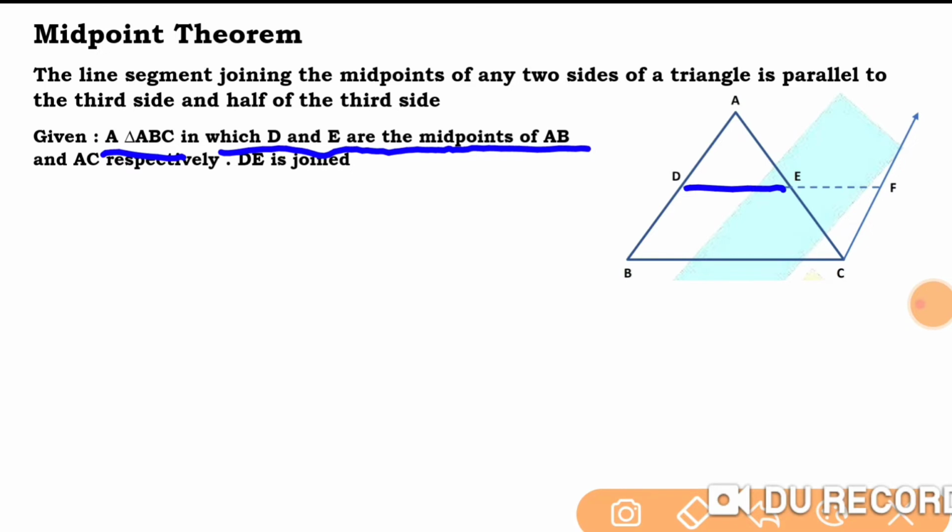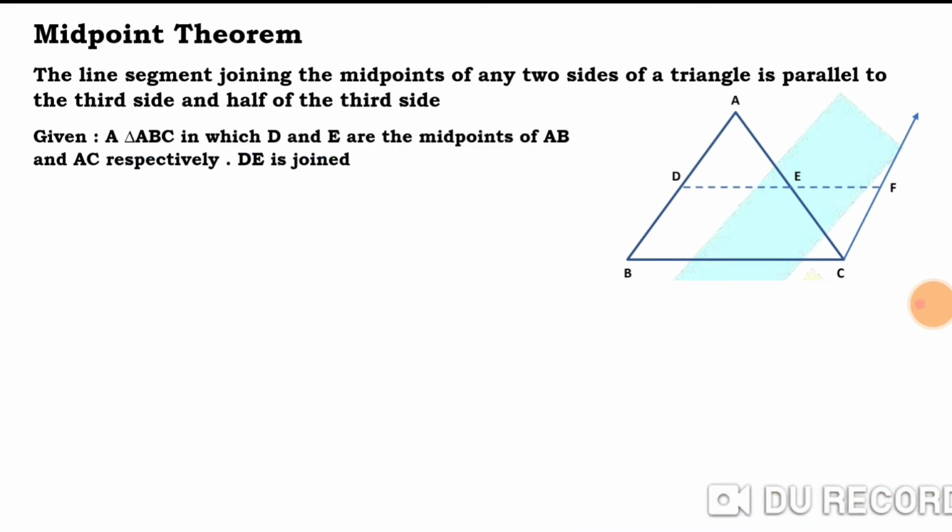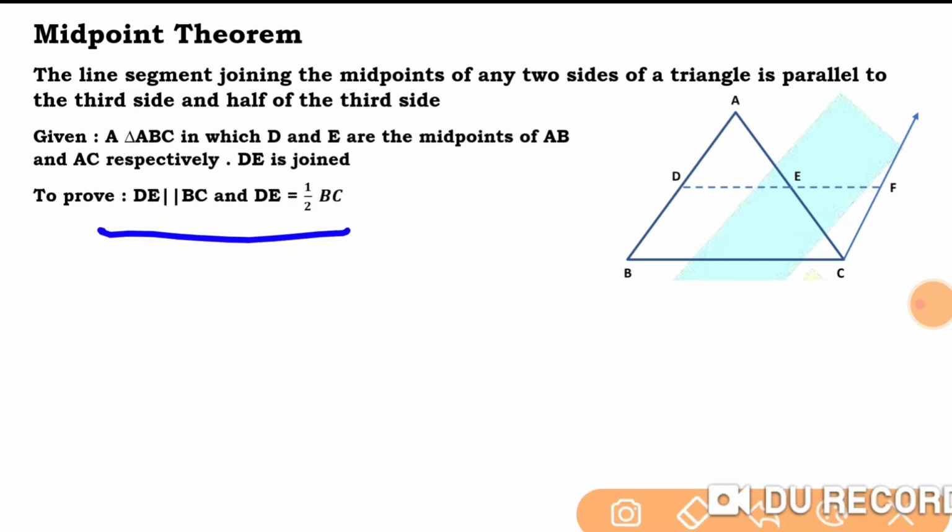Now let us see what we have to prove. We have to prove that this line segment DE is parallel to the base and DE is also half of the base, that is BC, the third side.